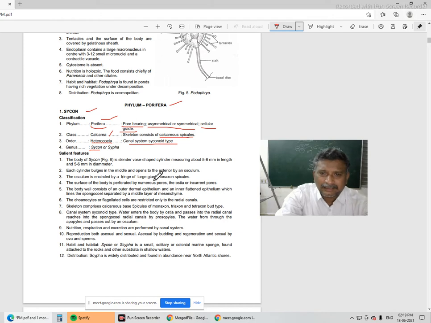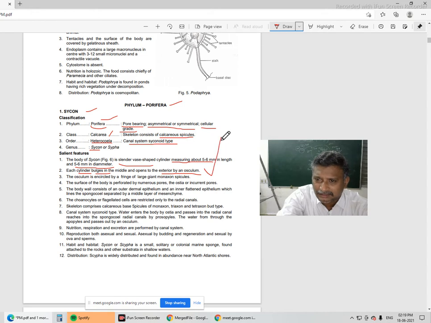What are the characters? Simply, Sycon is a slender, vase-like shaped cylinder, measuring about 5 to 6 millimeter in length and 5 to 6 millimeter in diameter. Each cylinder bulges in the middle and opens to the exterior by an osculum.